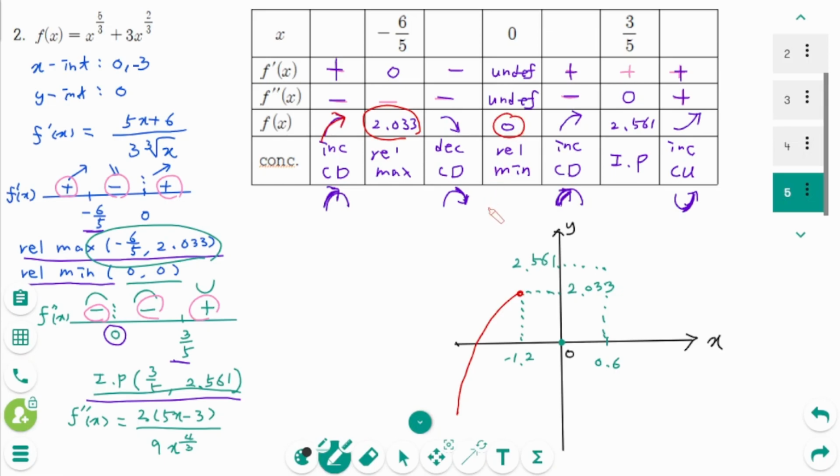Until 0, concave down and decreasing. Then concave down and increasing. Then concave up and increasing. Then this is f of x equals x to the power of 5 over 3 plus 3 times x to the power of 2 over 3.